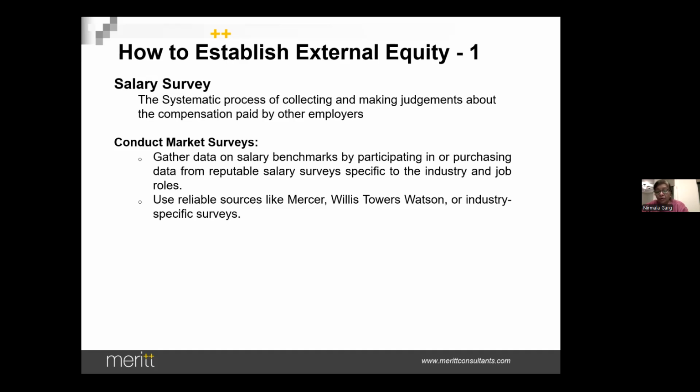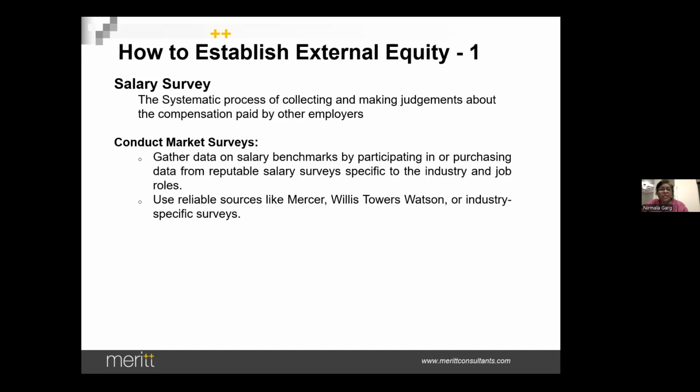If you go to Google, Glassdoor, there are several open sources of information, but you must take 2 or 3 sources to get accuracy, because accuracy of data is very important. If you don't have accuracy of data, you may not be able to position yourself, and the purpose is defeated.